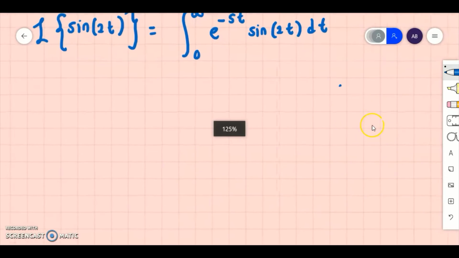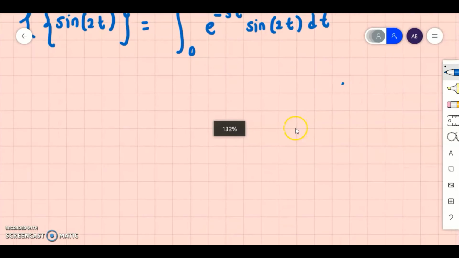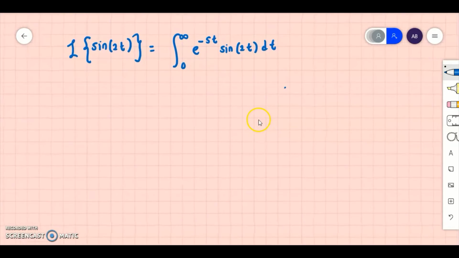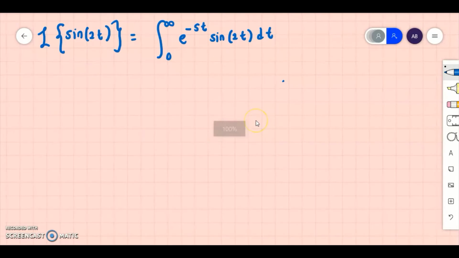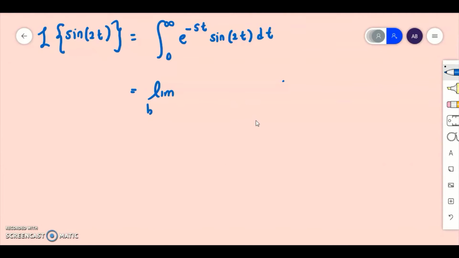Okay, so now with this, we can try to solve it in a normal way, but let's change it to limit first. This will be limit b approaches infinity, integrate from 0 to b, exponent negative st sine 2t dt.